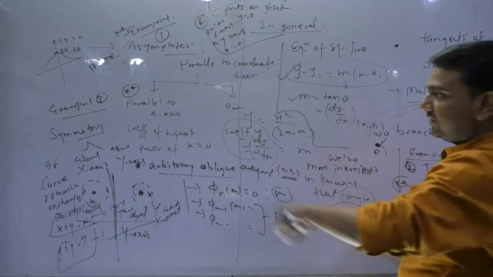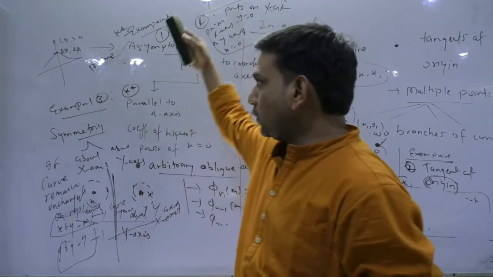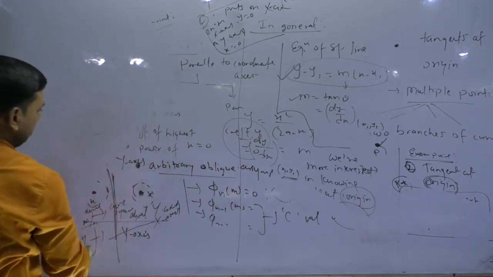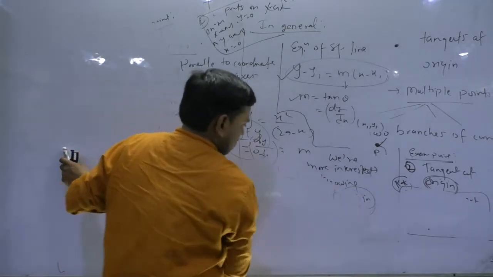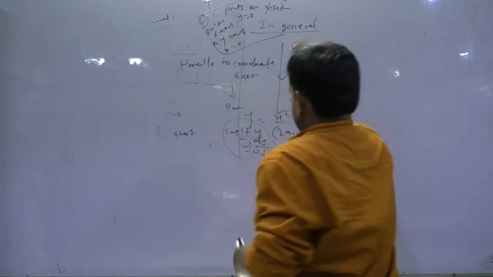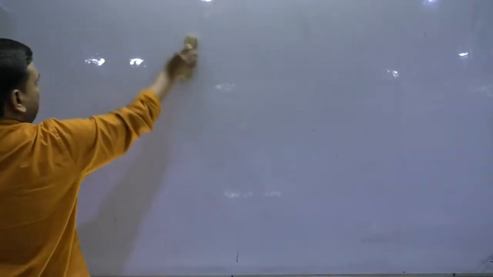After this much exercise, let's take some examples to apply these exam points. Whether these are working or not, we need to know. Okay, let's go. So let's take an example to make all these points clearer. I am taking an example here in which we need to trace a curve.